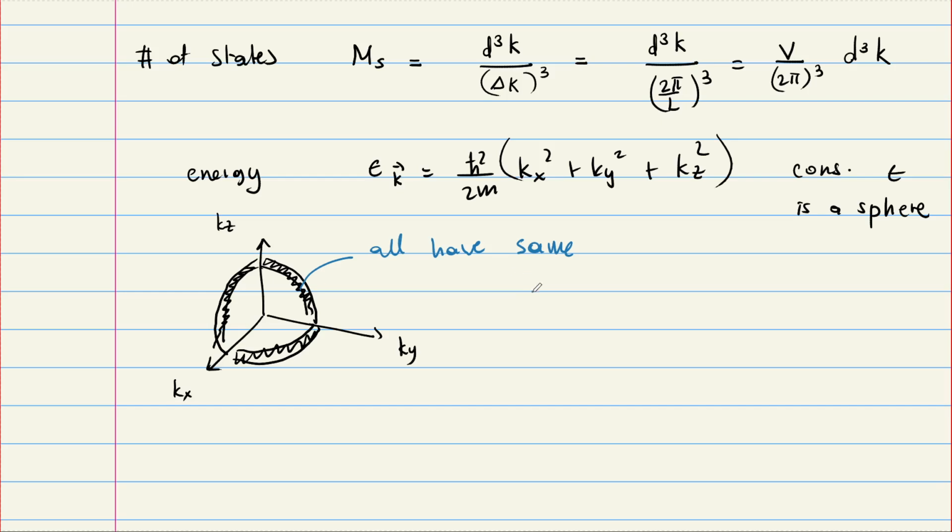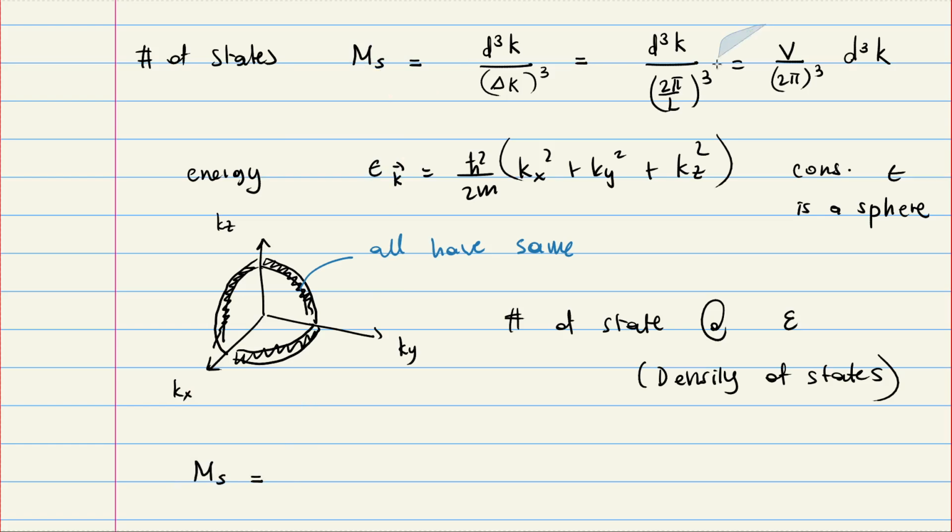So now we need to calculate the number of states at energy epsilon. This is by definition the energy density of states. Let me write ms again.